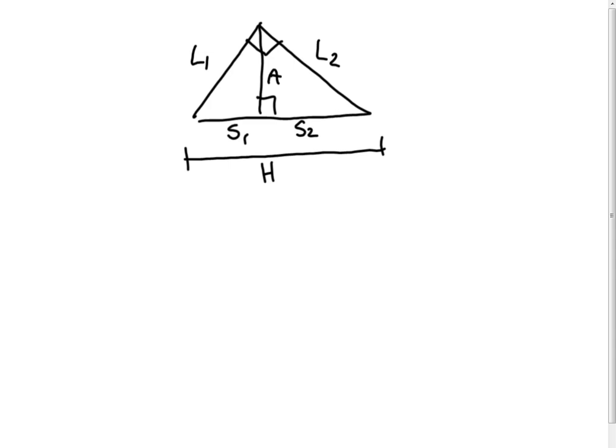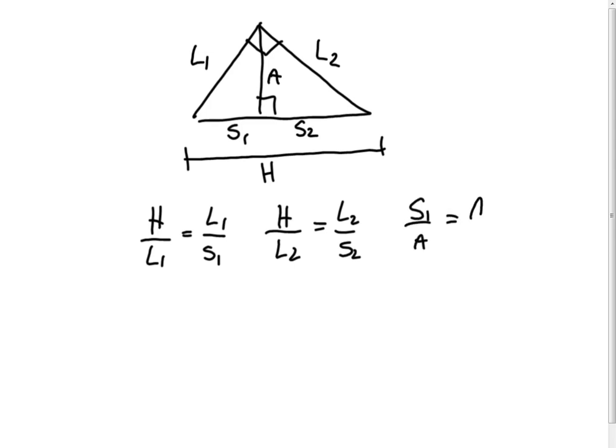So Hills could be hypotenuse over leg 1 equals leg 1 over side 1, or hypotenuse over leg 2 equals leg 2 over side 2, or side 1 over altitude equals altitude over side 2. Any specific questions on that? Do you feel like you understand what all those lengths mean?